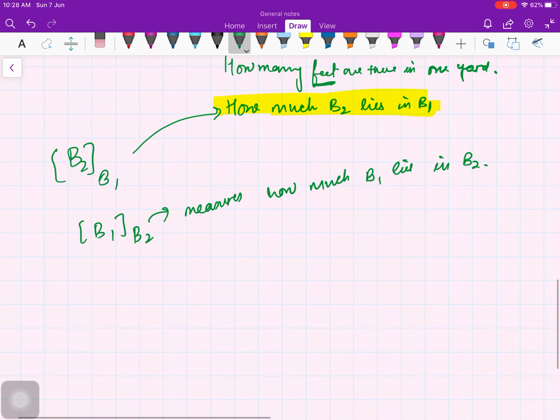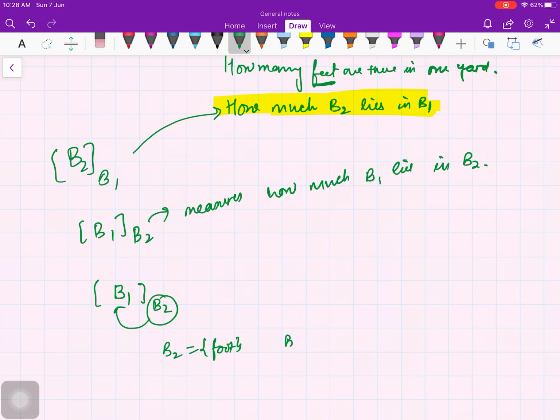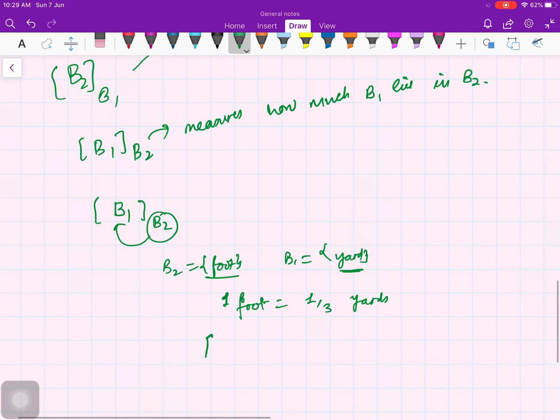For example, in this particular case you want B1 B2. Now we have B2, you want to go from B2 to B1. B2 is your feet and B1 is your yards. So you want to write 1 foot is equal to how many yards? That is 1/3 yards. So the change of basis matrix from foot to yard will be 1/3.